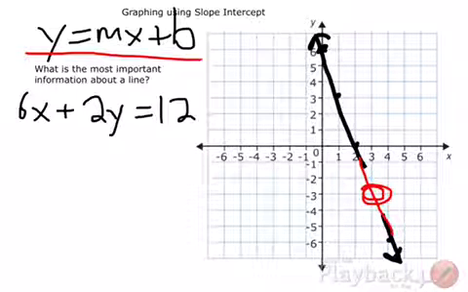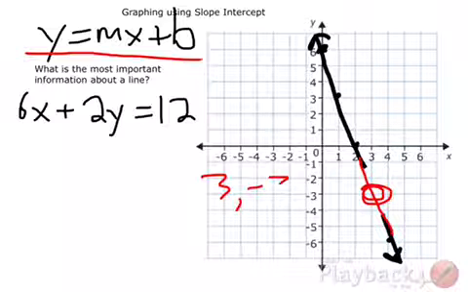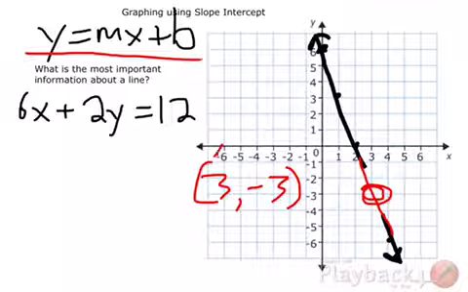So the coordinate point 3, negative 3, which is an x and a y value, should work in my original equation. It should also work in my other equation because I followed the rules of algebra. And that's one of the beauties of algebra. You can make just about any equation look like anything else as long as you follow the properties of equality.